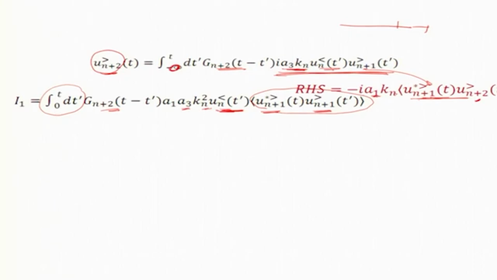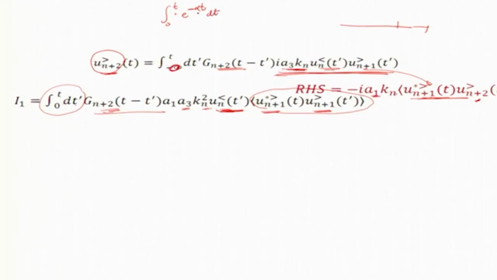Markovian approximation says that this integral gets maximum contribution near t equal to t prime. So, this t prime is from 0 to t, but it gets maximum contribution when t prime is close to the upper limit. So, I have integral 0 to t, let us imagine that I have e to power minus T alpha dt.